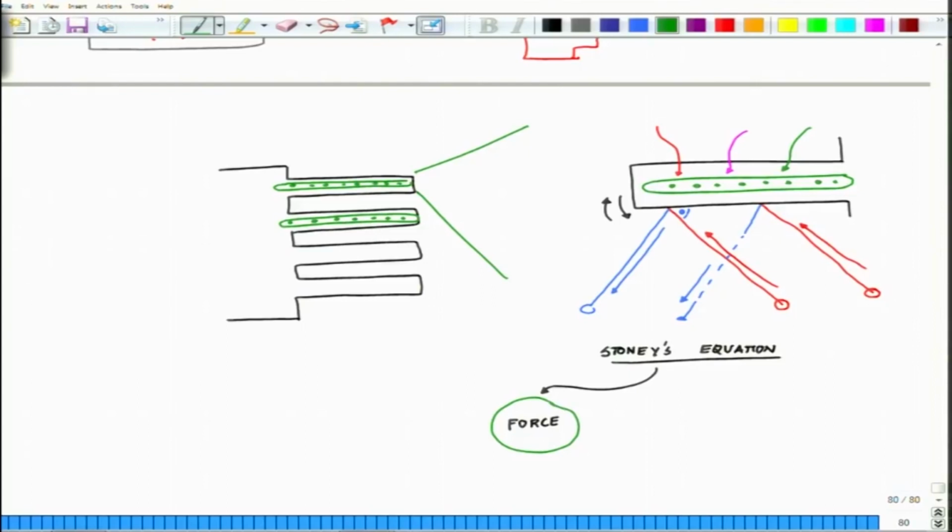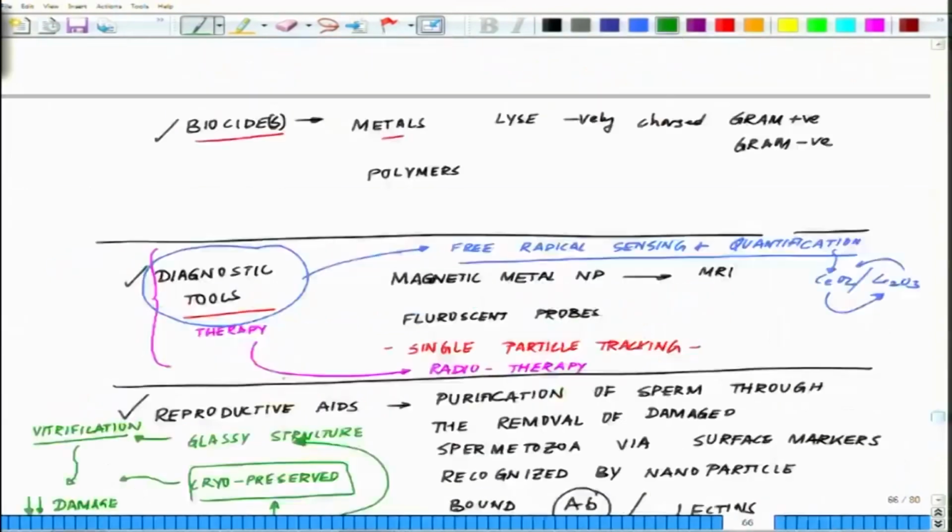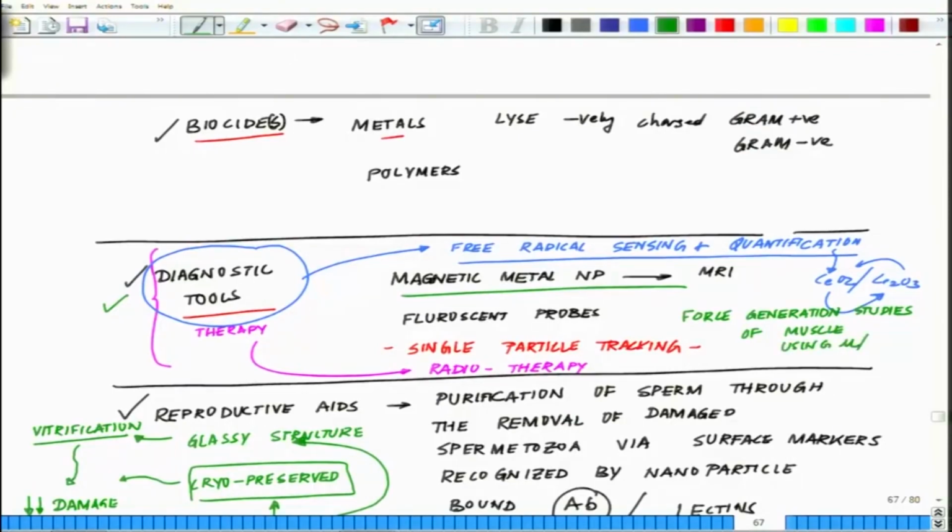Now, you see, when you talk about diagnostics using all kinds of nano tools, if you remember, when we talked about all the applications, diagnostic tools, I told you about force generation studies of muscle using micro/nano cantilever.